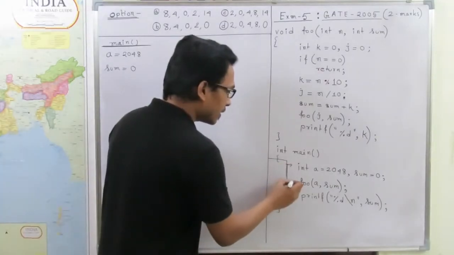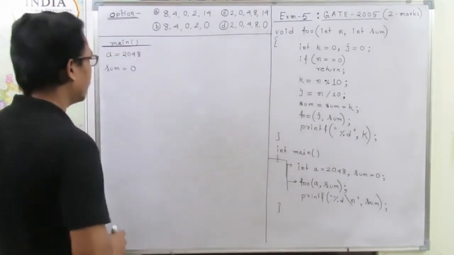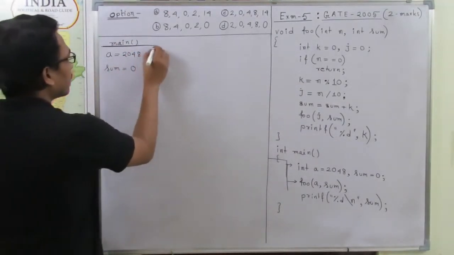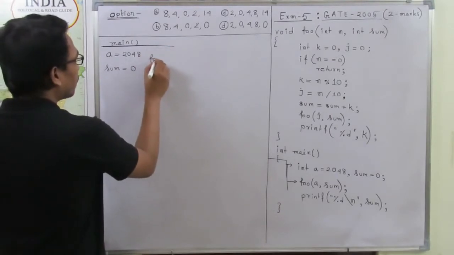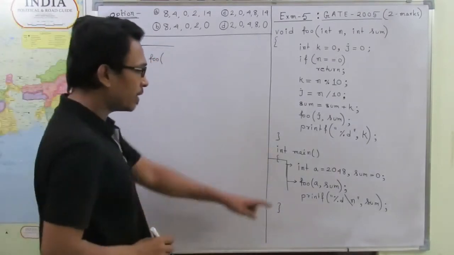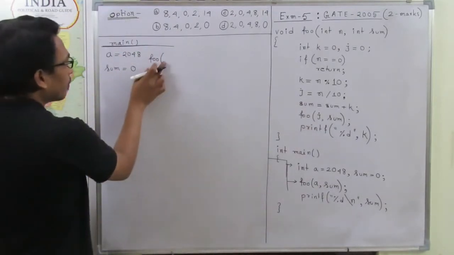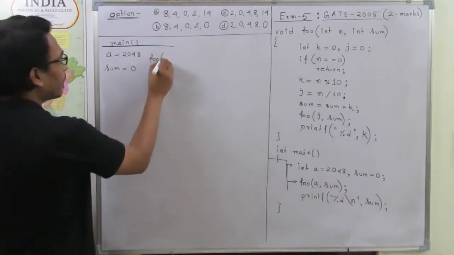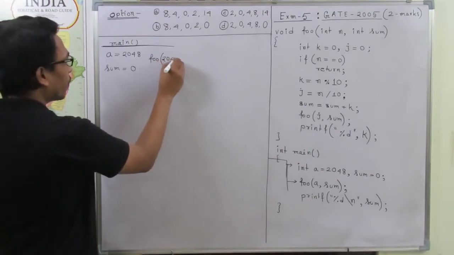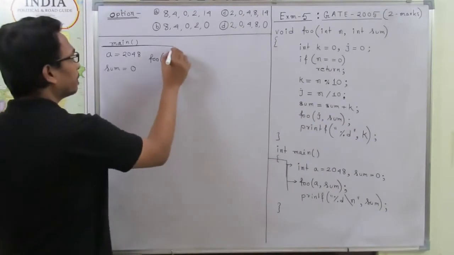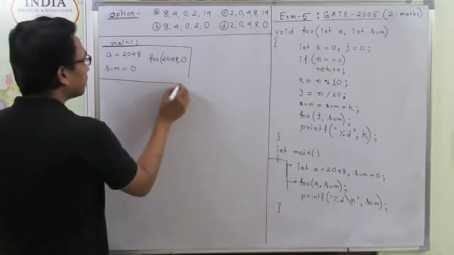Now the next instruction is function call foo. That means from this main function, the function foo is called with arguments a and sum. What is the value of a? The value of a is 2048 and the value of sum is 0. Clear?